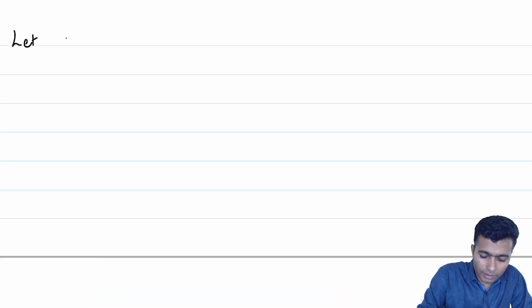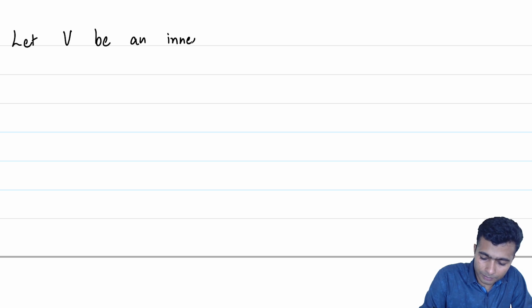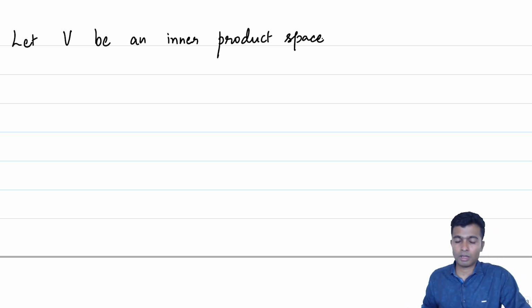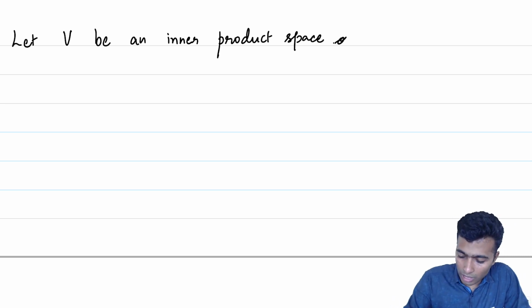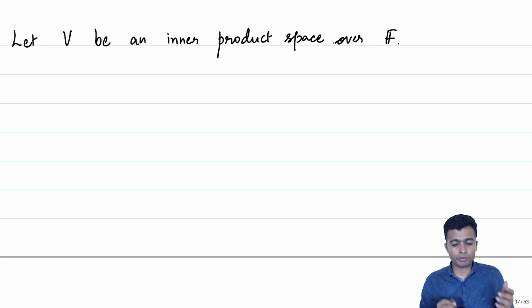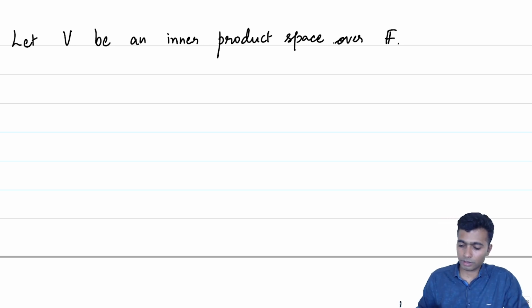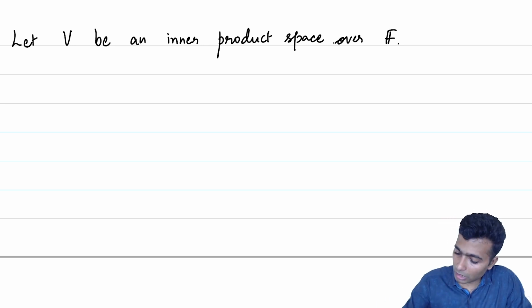So let V be an inner product space over F. Our vector space could be a vector space over R or a vector space over C. Doesn't matter. The definition holds.